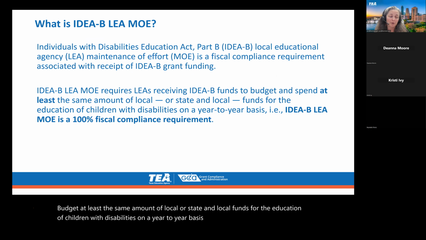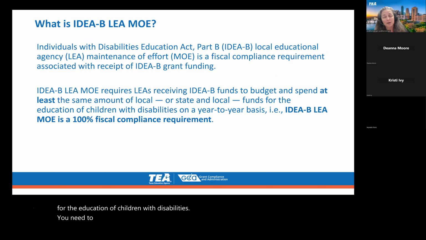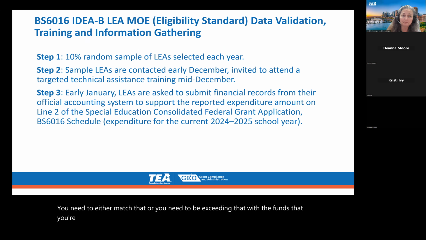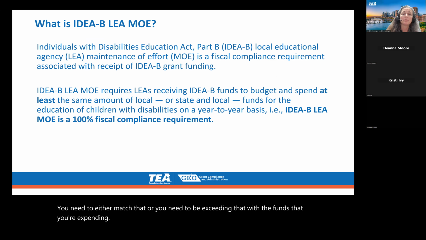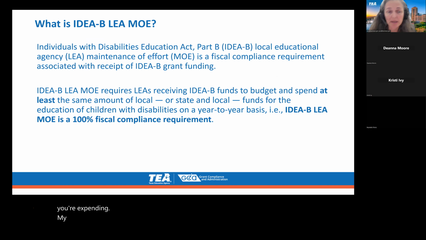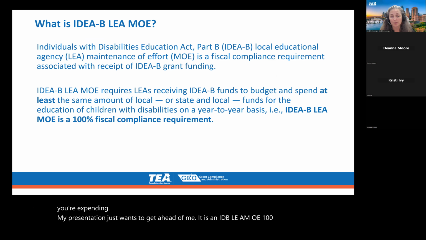So whatever you spent last year for the education of children with disabilities, you need to either match that or you need to be exceeding that with the funds that you're expending. It is an IDB LEA MOE 100% fiscal compliance requirement.